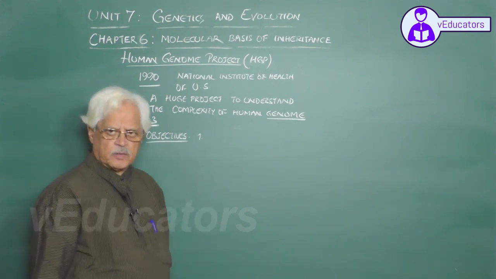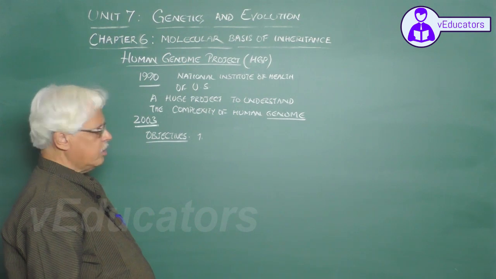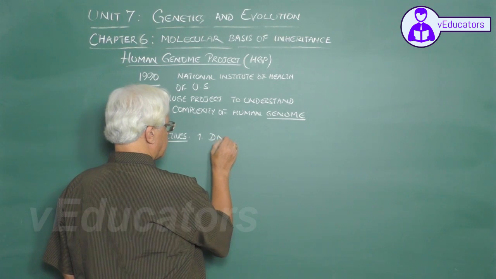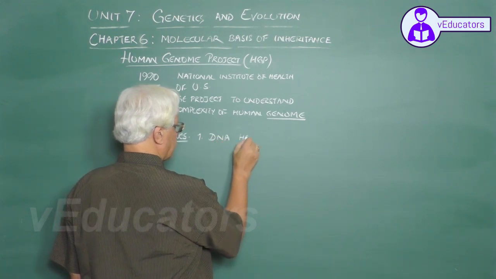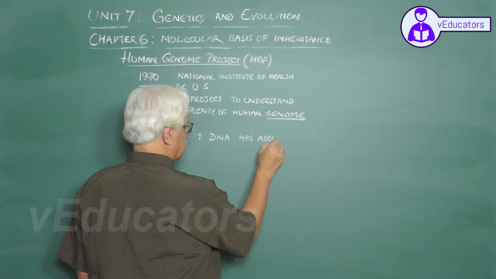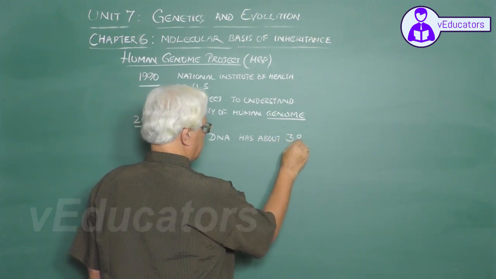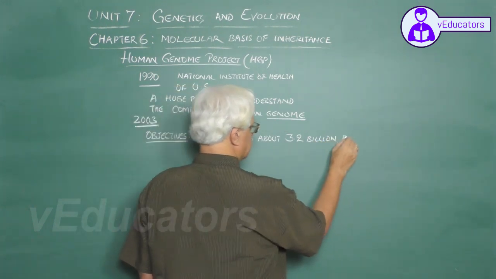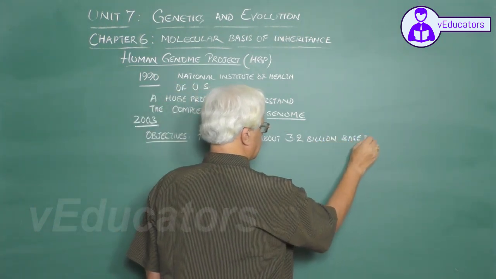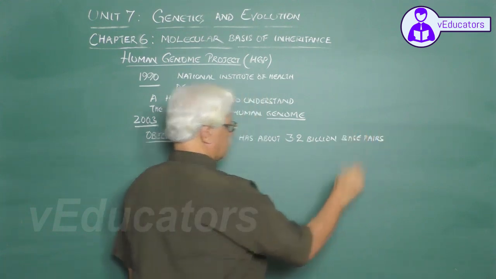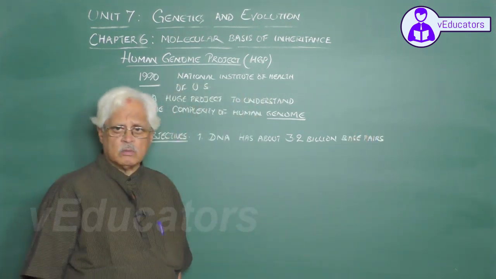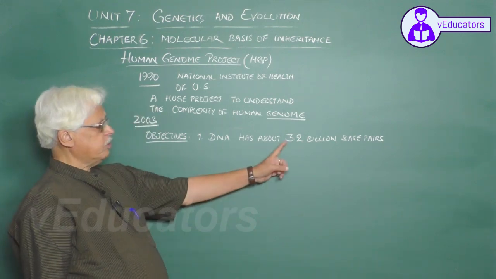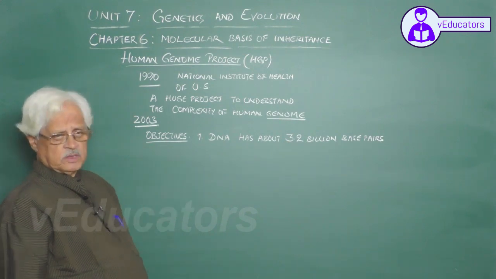The human DNA, according to an estimate, contains nearly 3.2 billion base pairs. According to an estimate, the human DNA in every cell has about 3.2 billion base pairs.